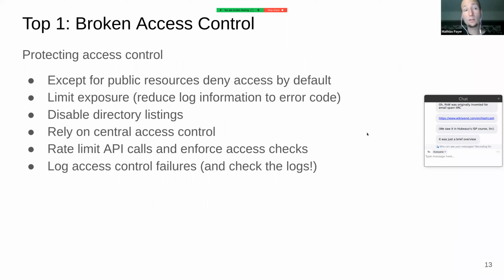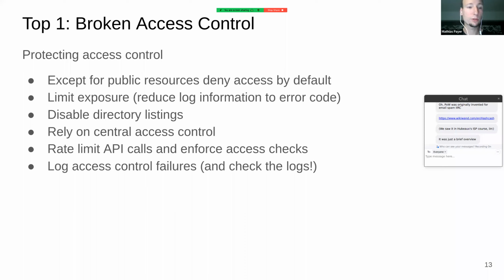The ways to protect against broken access control: except for any kind of public resources, you can have a deny list at the web server itself and just deny access to non-public resources by default, rather than an allow list.